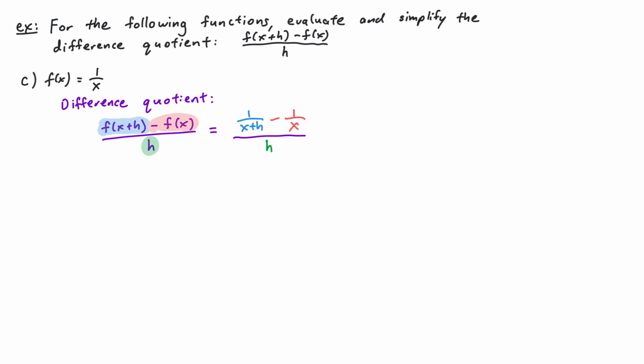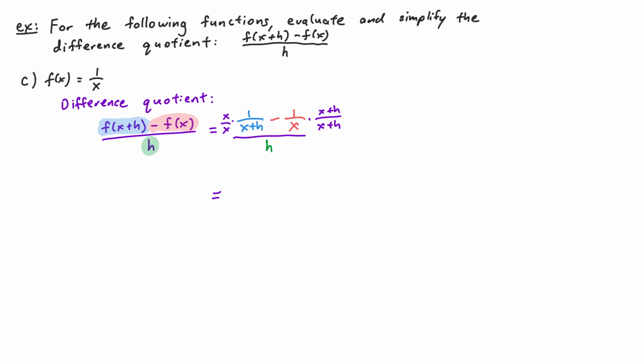In order to do that, we need a common denominator. And the common denominator that we're going to use is the product of the two denominators. So in our first fraction, we need to multiply both the top and the bottom by x. In our second fraction, we need to multiply the top and the bottom by x plus h. So let's do that and see what we end up with.